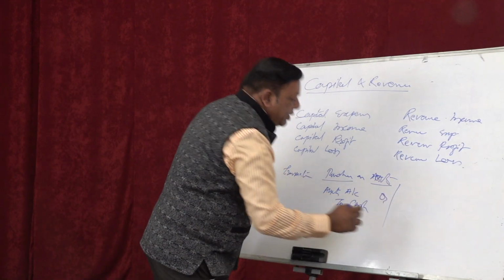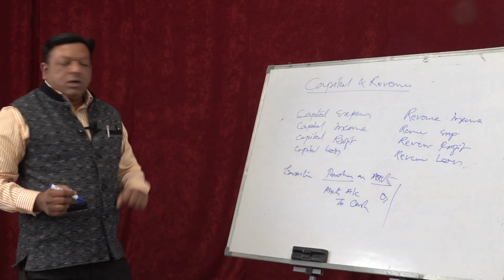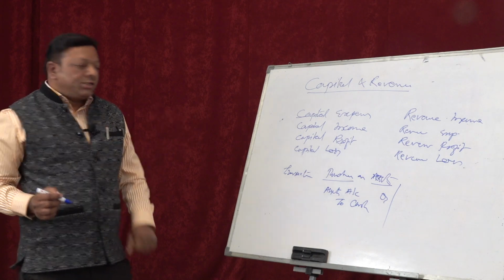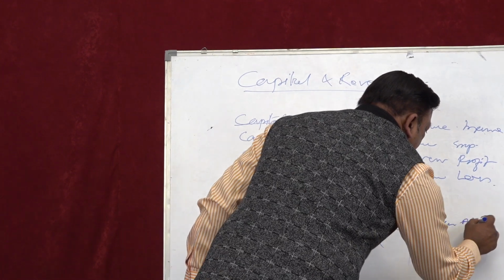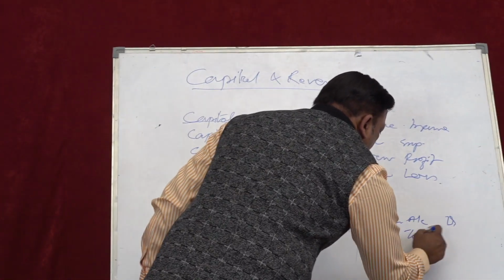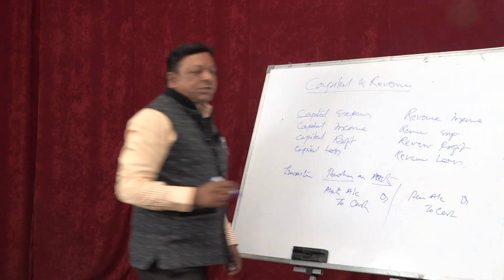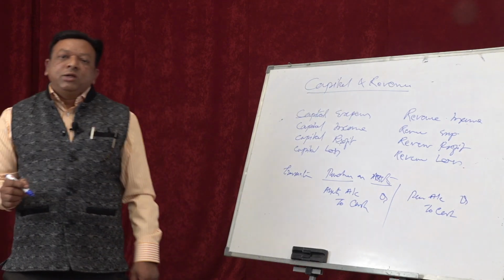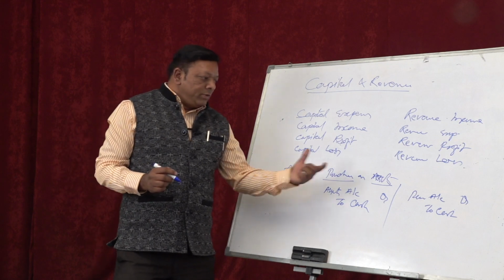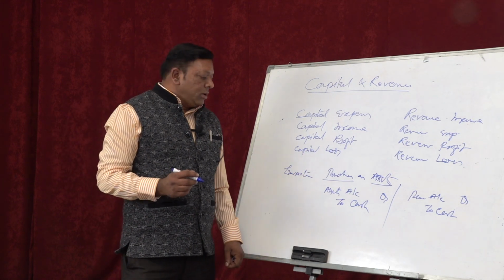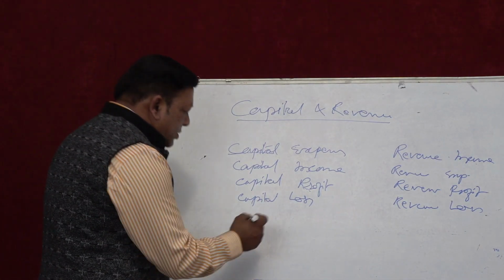If you do not know about capital and revenue transactions, you may debit the purchases account to cash. This is a principal error, and your accounts will also have errors.